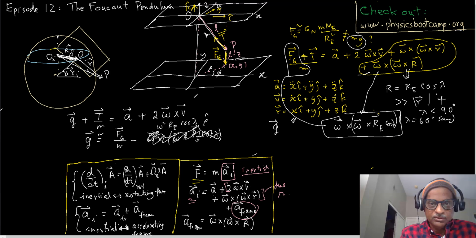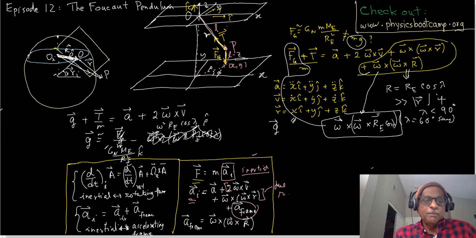So this will be along the center of the Earth. So this will be G Newton mass of the Earth over radius of Earth squared k hat. So minus this, and this becomes a plus.